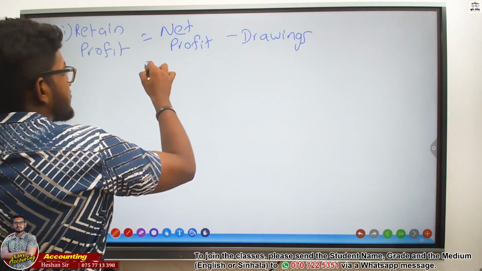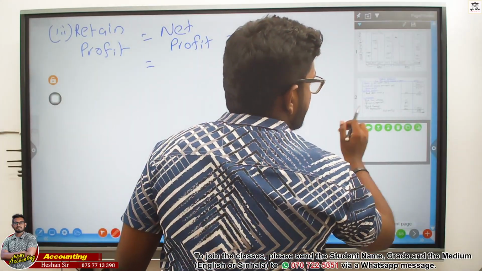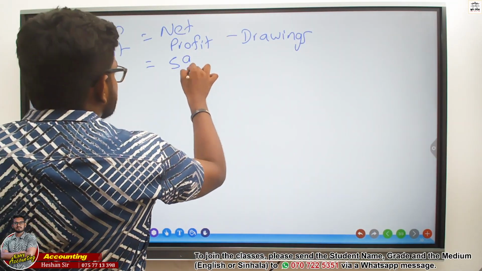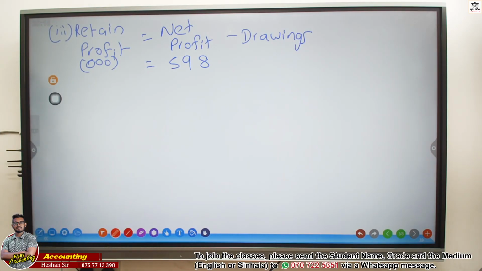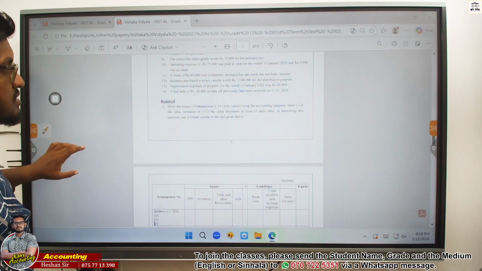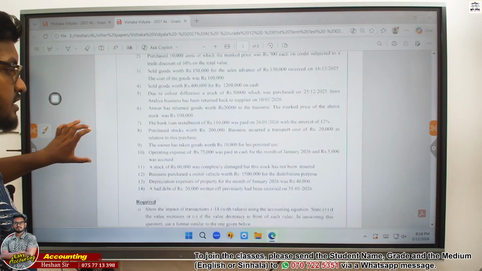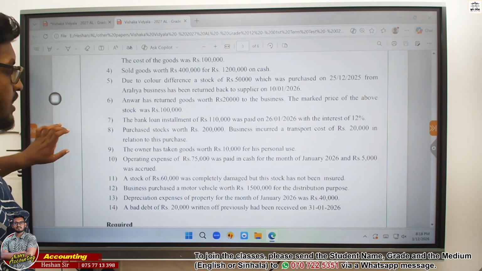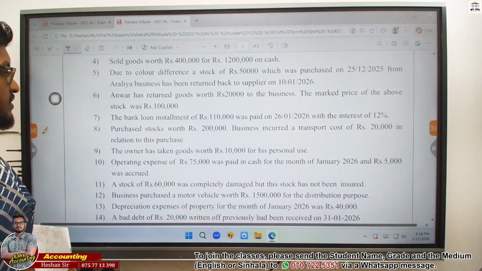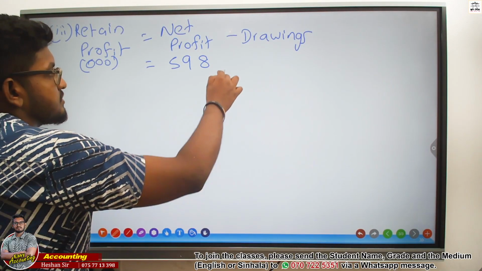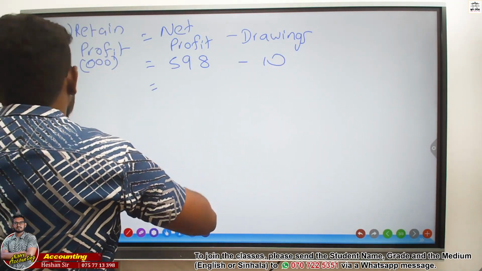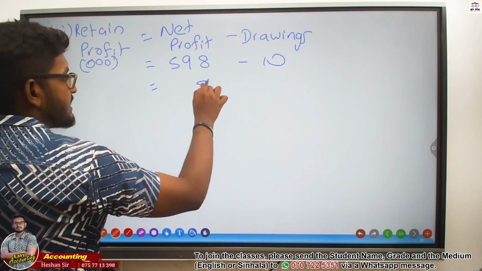In here we calculate the net profit, 598,000, all the figures in thousands. You can see there are drawings in this section. I think there was only one drawing, 10,000. The owner has taken 10,000 for his personal use. So the drawings are 10, and your retained profit should be 588.